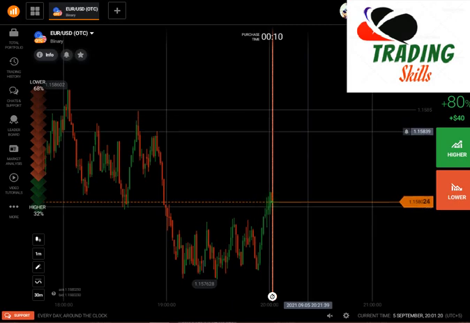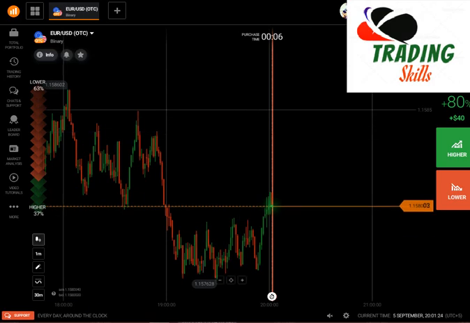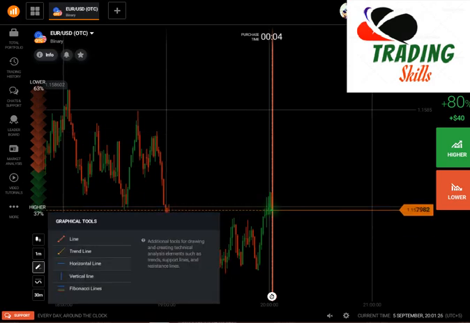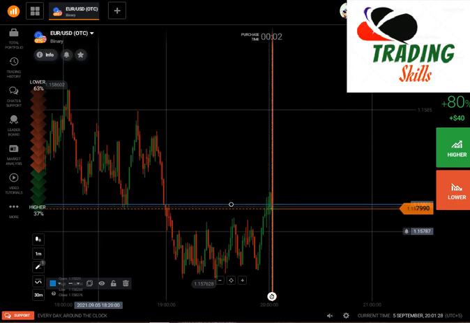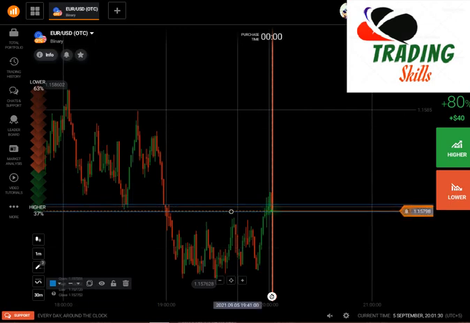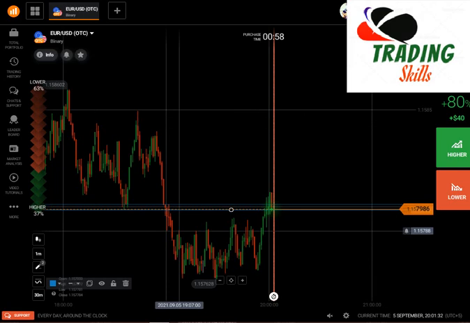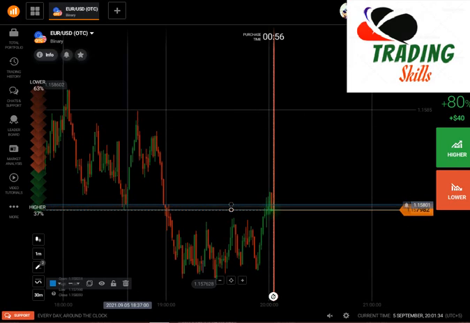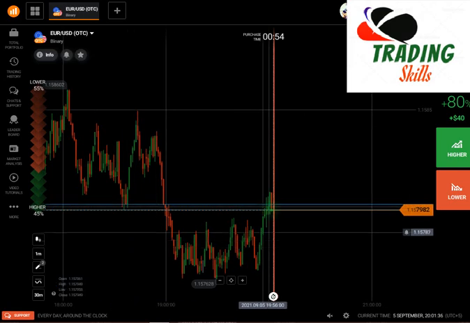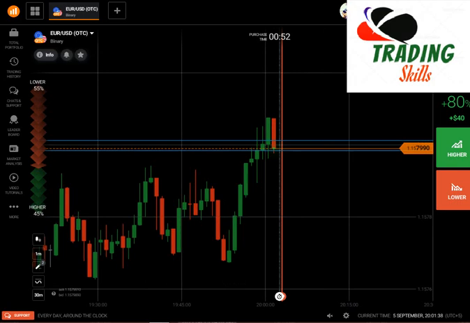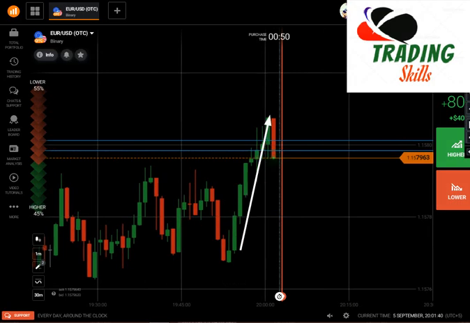So in today's session I am going to show you how you can take trades as per the market situation. Okay, so now you can see here on the left side I am drawing two lines as an area of the buyers. So you can see here this candle broke this level.